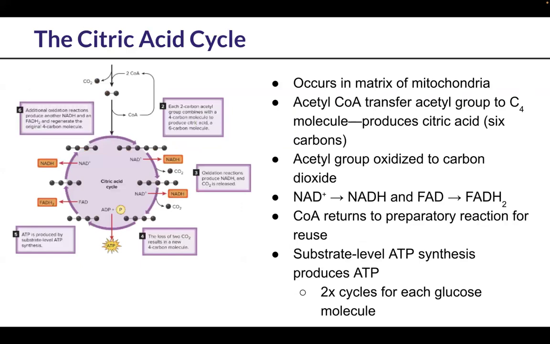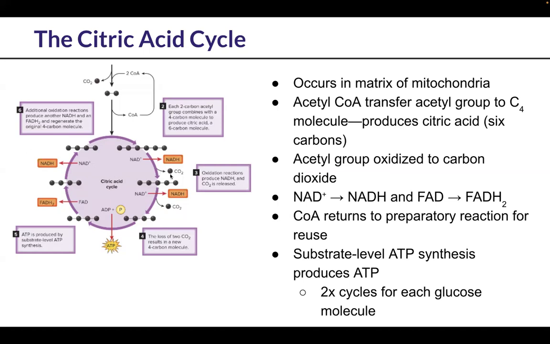So let's go through it first, and then I'm going to tell you what I want you to focus on. This right here is also in the matrix of the mitochondria. The acetyl-CoA is going to transfer its acetyl group to this 4-carbon molecule. And because it has the acetyl group now, it produces citric acid, which is a 6-carbon. The acetyl group is oxidized to carbon dioxide.